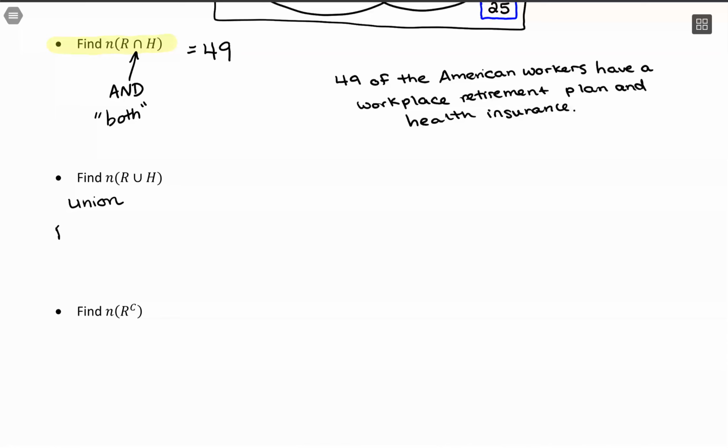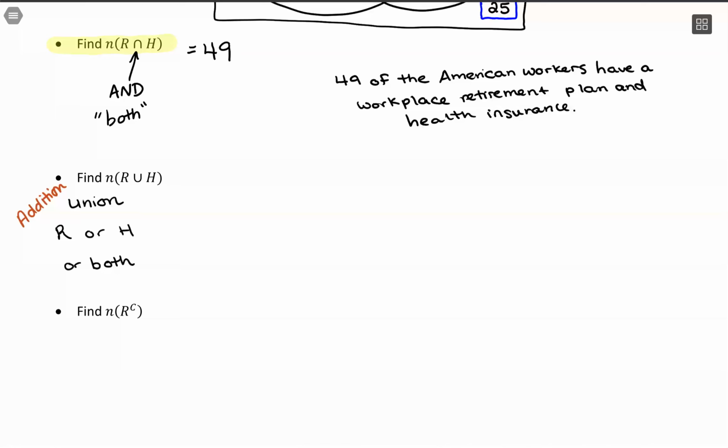But alright, so this first one here, we're looking at a union. So we want to have retirement plan or health insurance, or both. So with calculations with or, you're generally using addition. Having one thing or the other ends up adding things together.